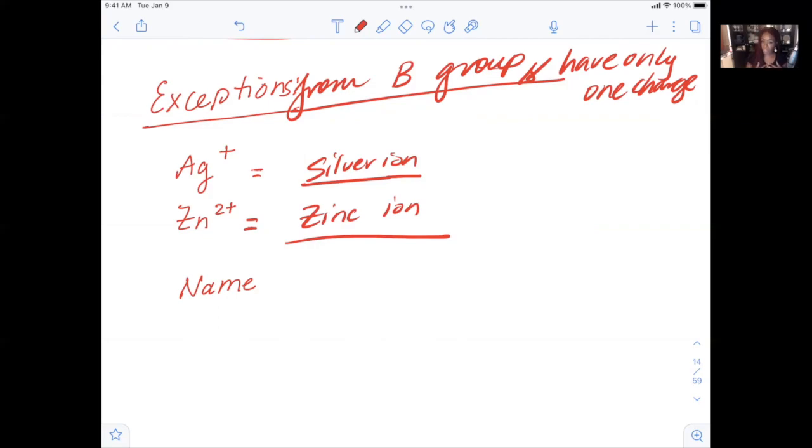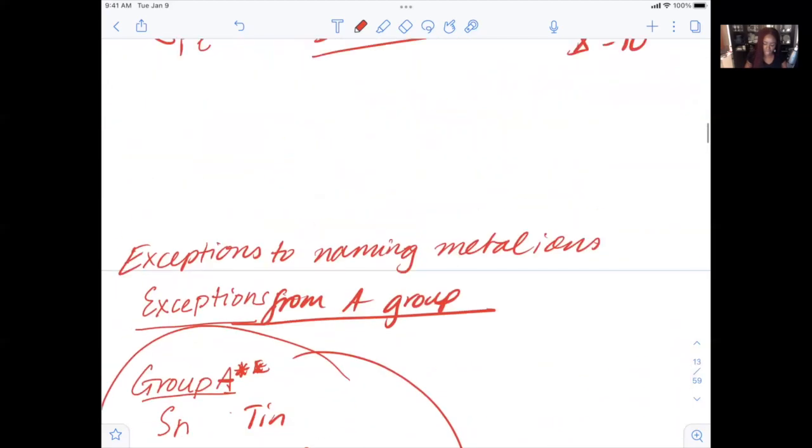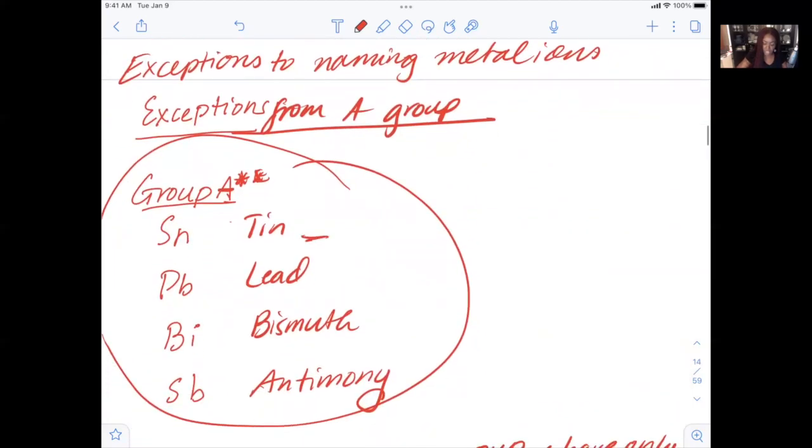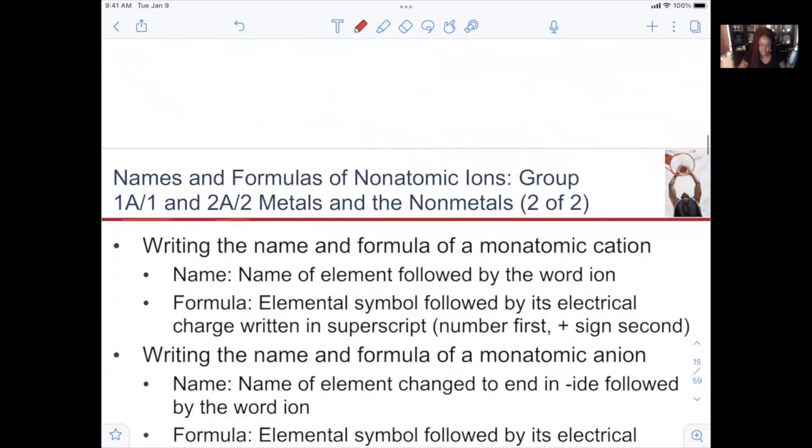It's always going to be zinc 2. So there's no need to emphasize it. Over here, remember, going back here, you got to emphasize this because it can be tin 4 or it can be tin 2, right? Lead can be 4, lead can be 2, bismuth can be 3, it can be 5. Antimony can be 3 or 5. You never know, so you got to specify based on the charge. Okay.